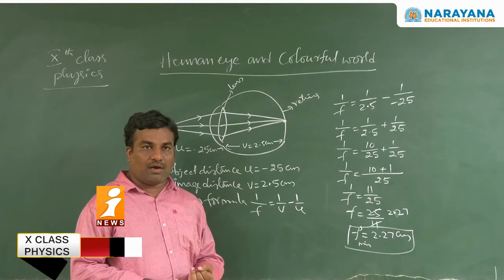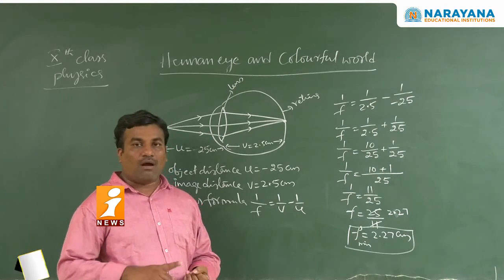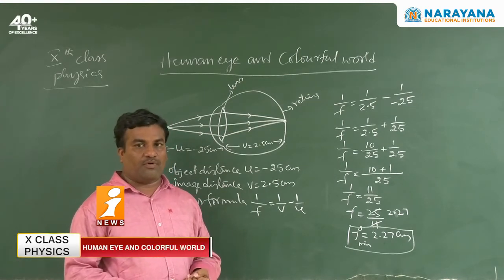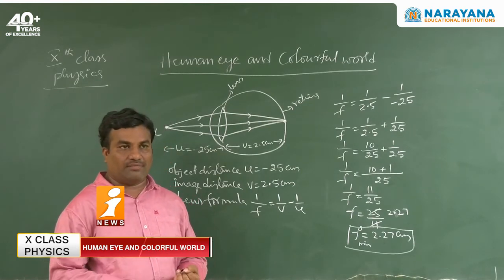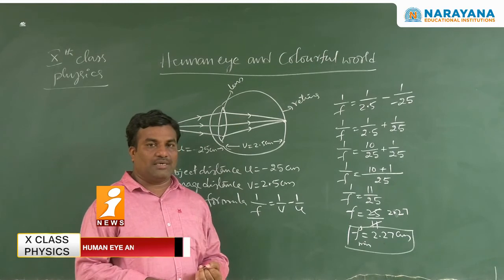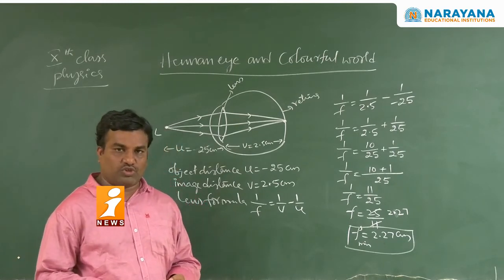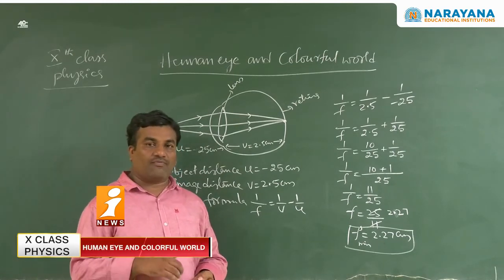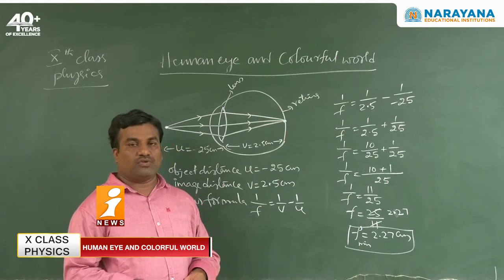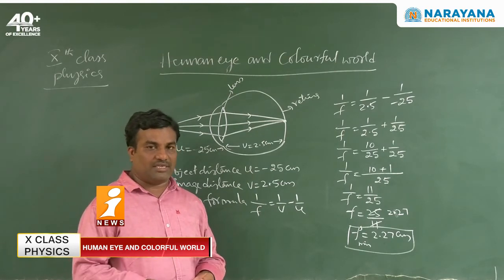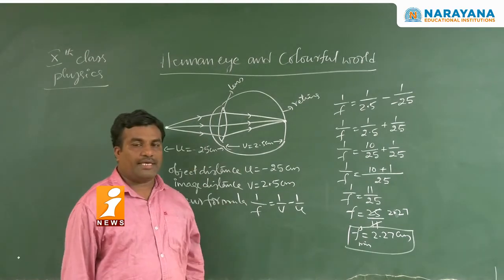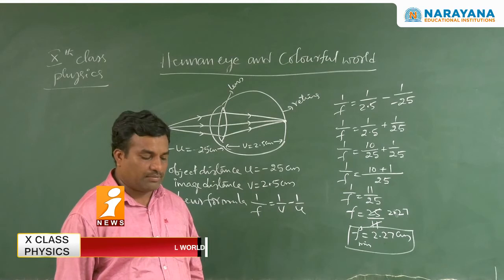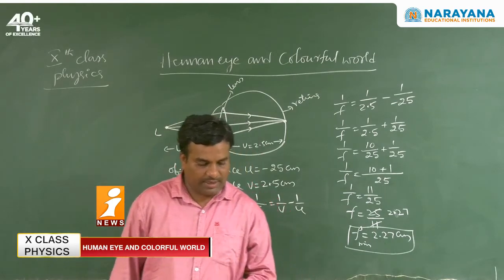When focusing on long distance objects, the focal length of the eye lens is maximum, that is 2.5 centimeter, and when we focus on near objects, the focal length decreases to 2.27 centimeter. So we get two values, maximum and minimum.